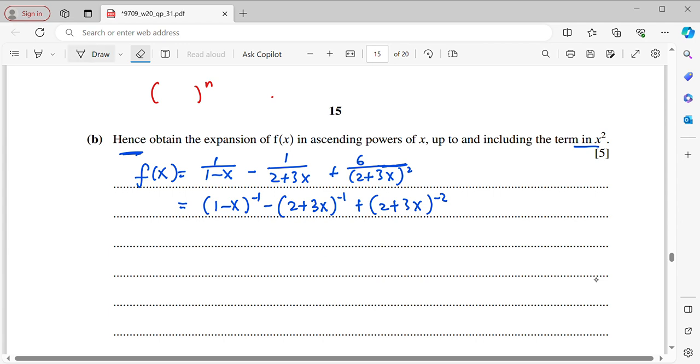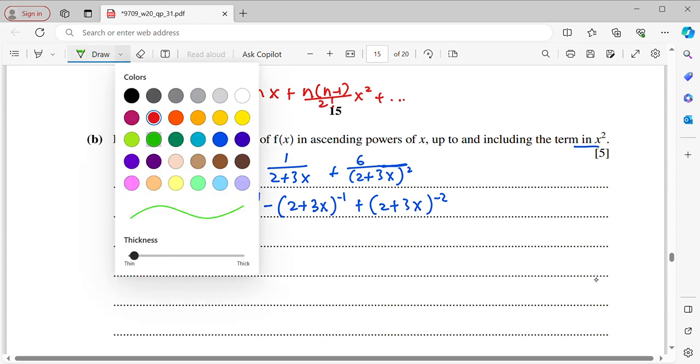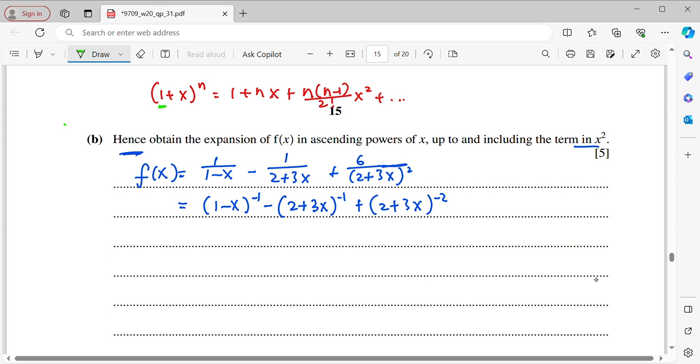We are using (1 plus x) to the power of n, because now your n is not a positive integer. It is a negative integer. So therefore, you must use this formula: 1 plus nx plus n(n minus 1) over 2 factorial x squared and so on. But there is a rule for you to use this formula. The first term must be 1, and the second rule is it must be plus.